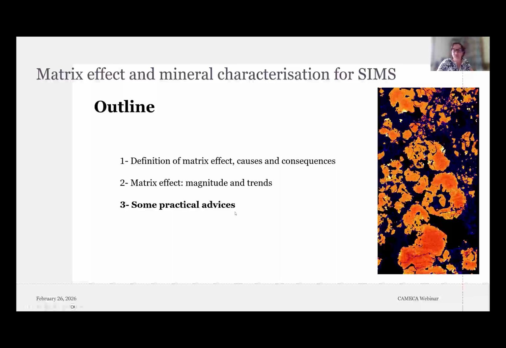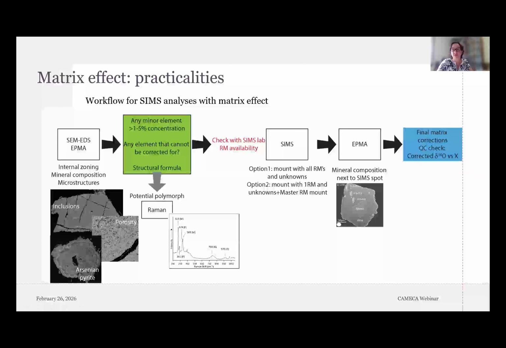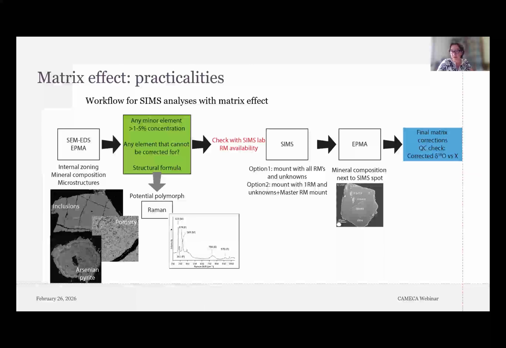So now just a few practical pieces of advice with regard to the characterization of the materials before large geometry SIMS, thinking ahead of potential matrix effects on the analysis.